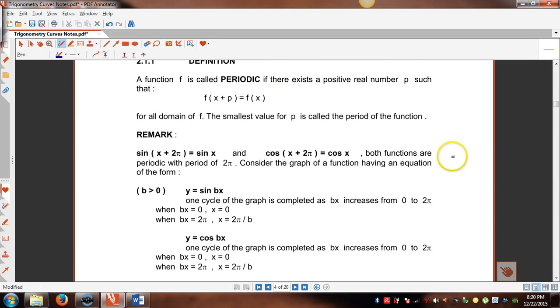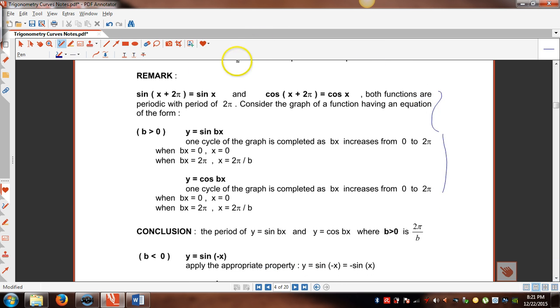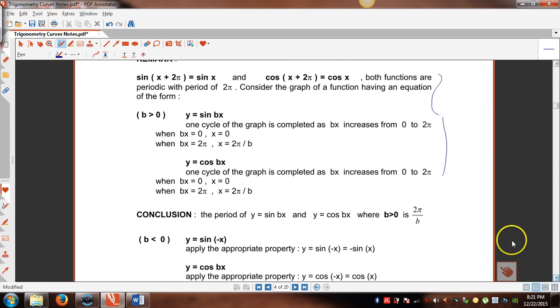This is actually the proof of the formula of the period. I don't want to go through all of the remarks, so we look at the conclusion. From the remarks we can get this: for b greater than 0, this is the period of the function.